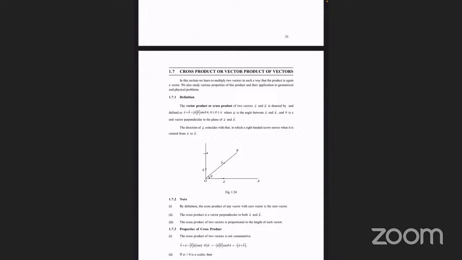Next concept: we have seen the dot product, A dot B. Now the cross product.